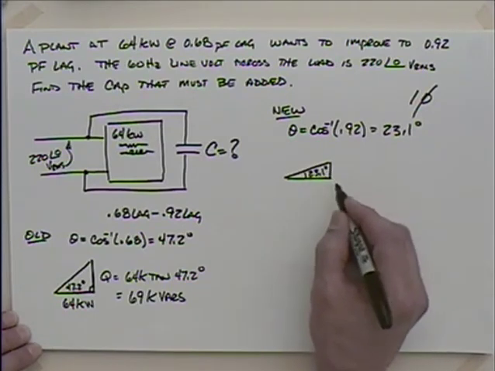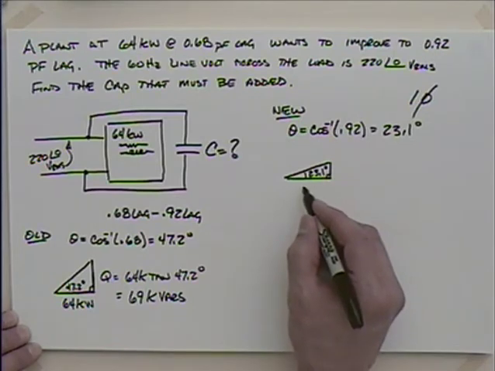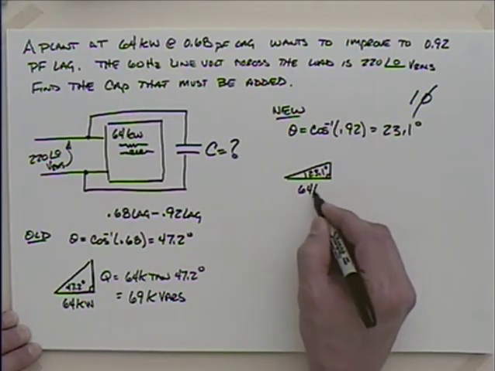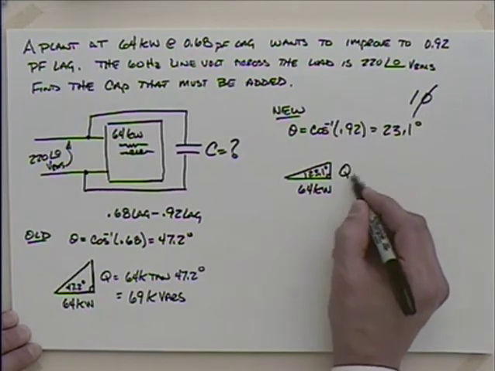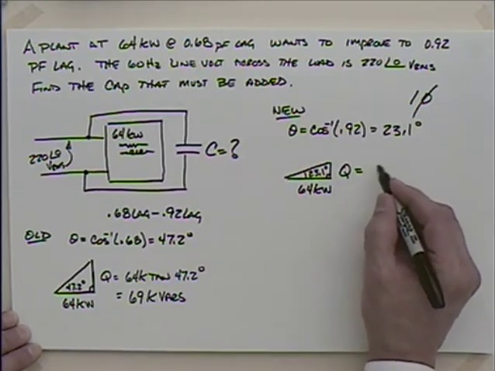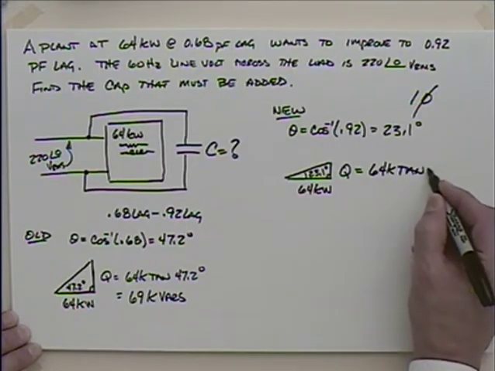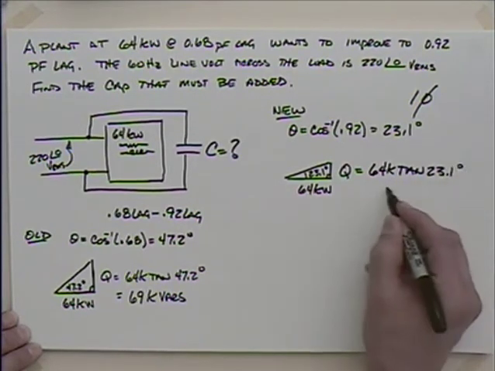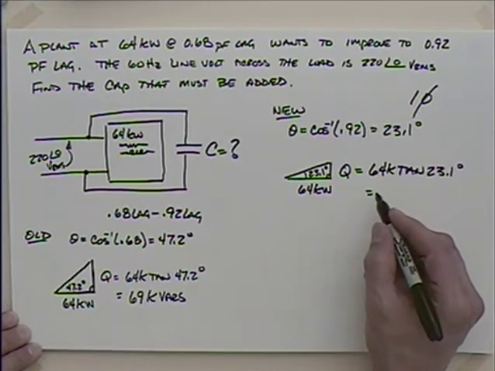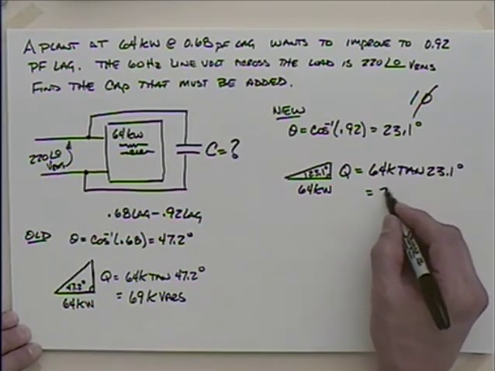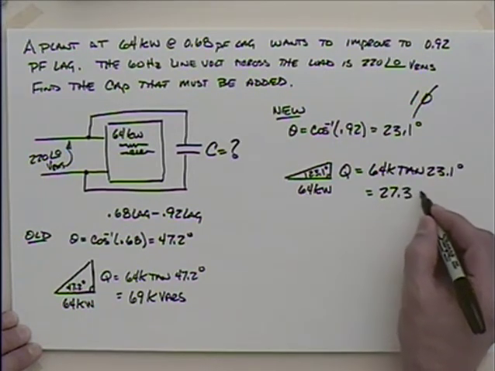This is still 64 kilowatts. And here now Q is equal to 64K times the tangent of 23.1 degrees, which gets me 27.3 kVars.